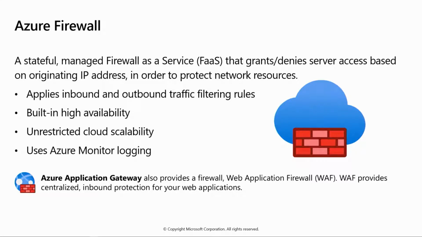You only need to worry about one because you have unlimited cloud scalability and it's already highly available. It's connected to Azure Monitor, so all of the reports coming in from your firewall go straight into Azure Monitor. But again, this is perimeter, so it's protecting any of that inbound and outbound traffic.